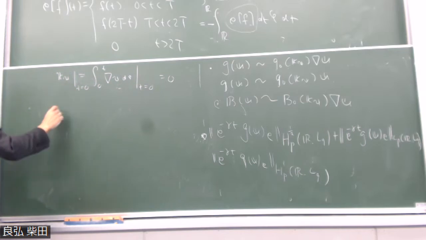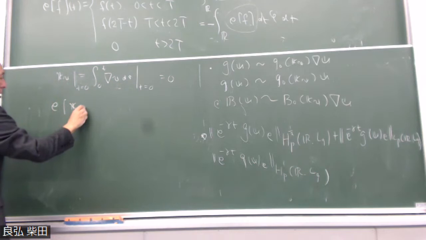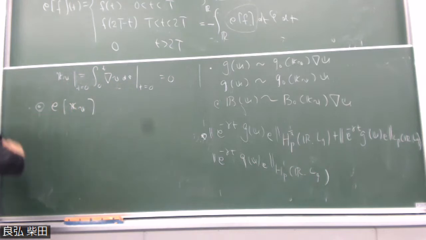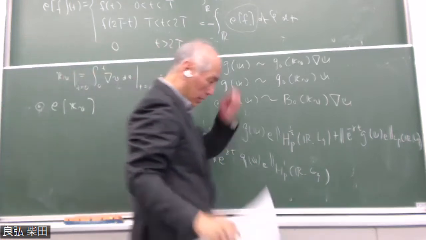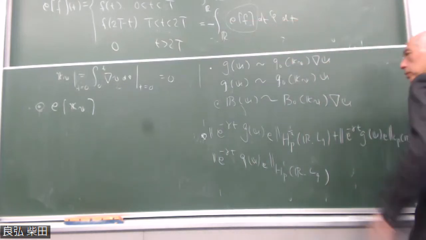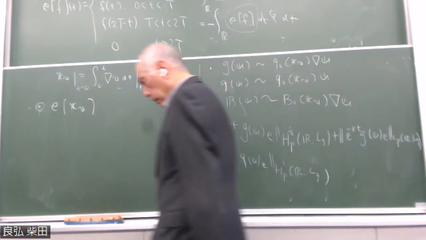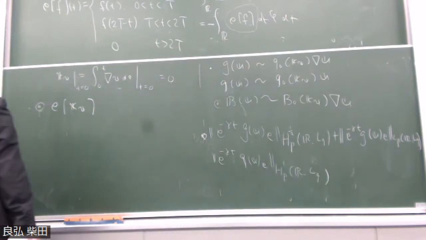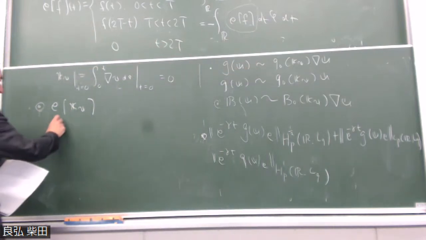So the extension of KB is this, use this one. But nabla u does not vanish at t equals 0. Therefore, we need a different extension.